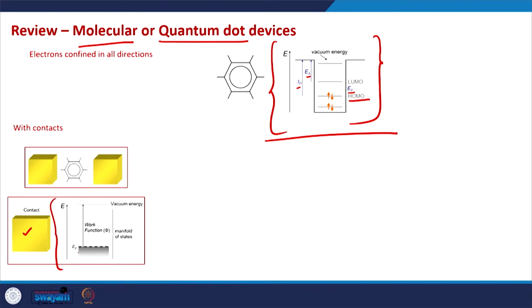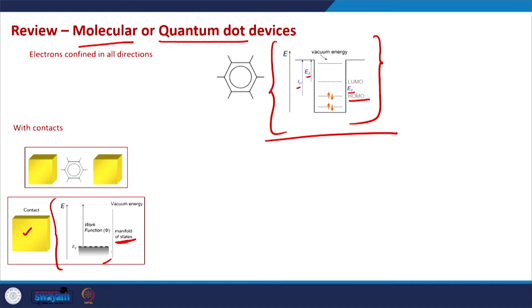It will have a continuum of energy states, as we can see in this picture, and the states up to the Fermi level are completely filled, and the states above the Fermi level are completely empty.